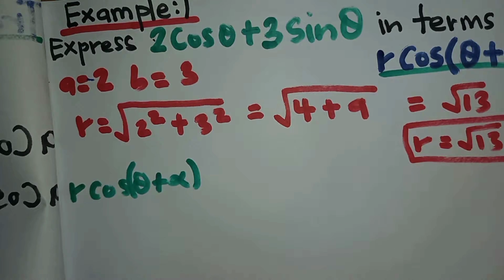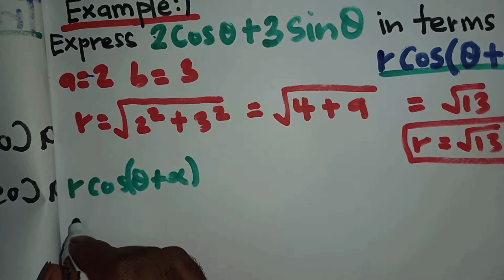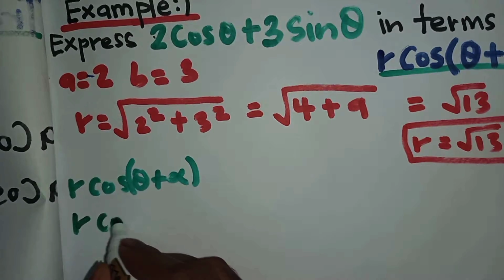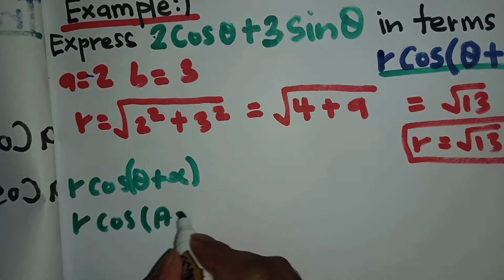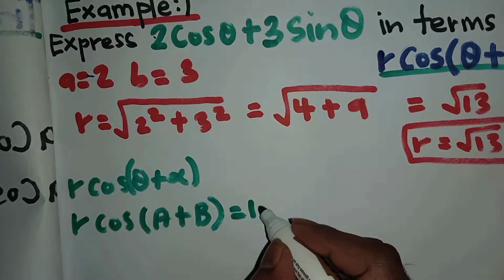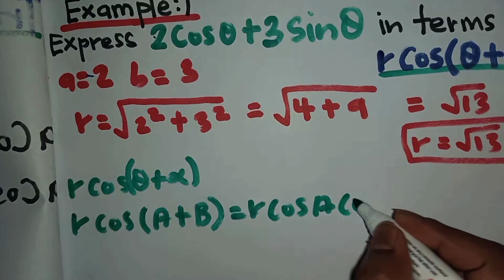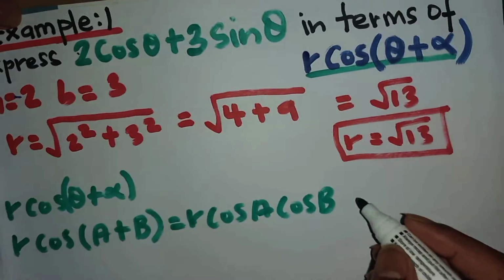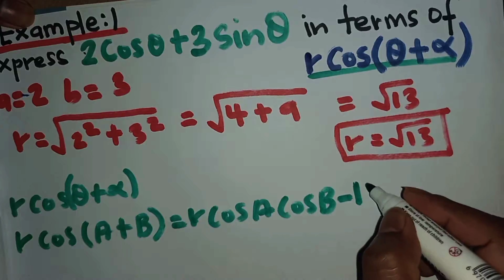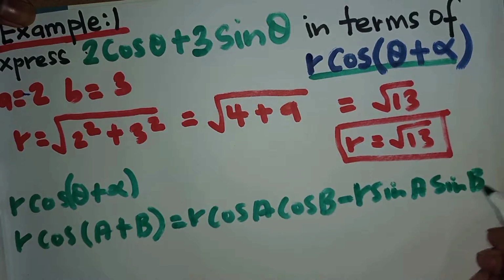Now we have to use the addition formula here. We will be applying the addition formula. The addition formula says, if we have r cos a plus b, then this is same as r cos of a cos of b minus r sine of a and sine of b.